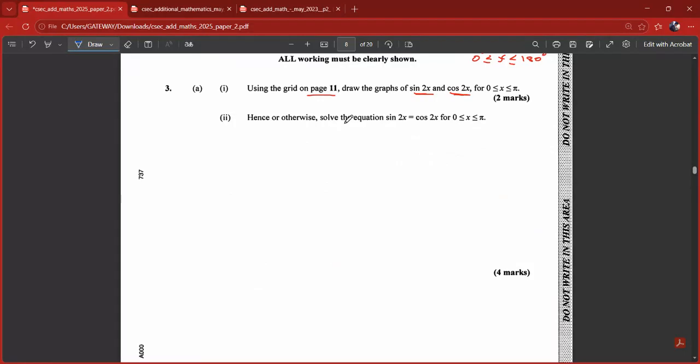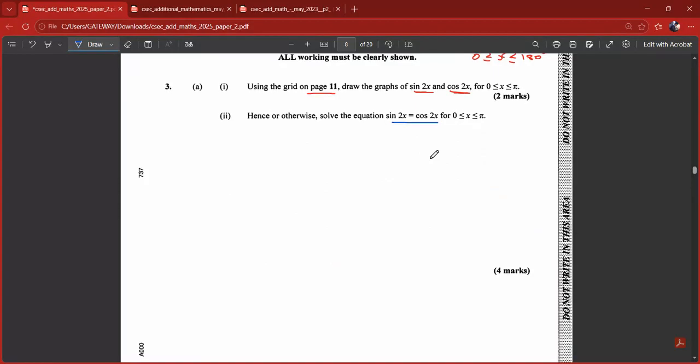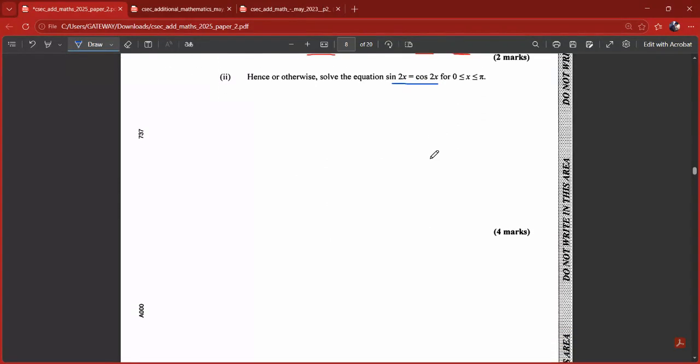Now they say hence or otherwise solve this equation. Now in order to solve this equation, we want to write everything in terms of sine or everything in terms of cosine. You could do it that way, or you could just look at the graph as well. I would solve it using the algebra method. So we have sine 2x is equal to cosine 2x. I'm going to divide everything by cosine 2x.